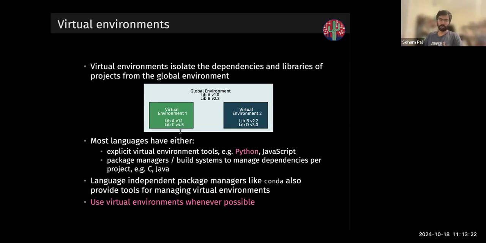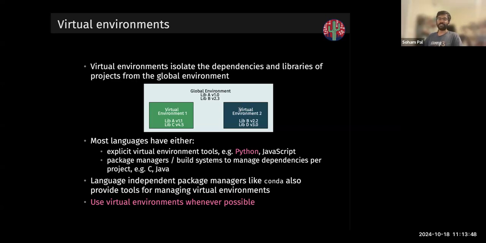So if you look in this picture, I have got two virtual environments. In the first one, I have libraries A and C with some versions, and in the second one, I've got libraries B and D with some different versions.